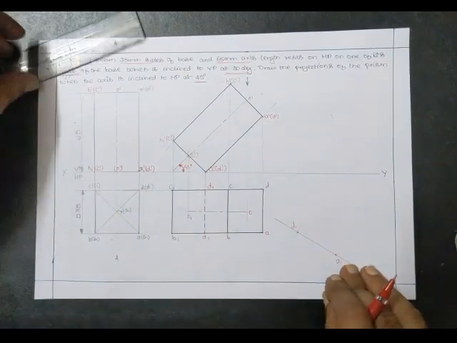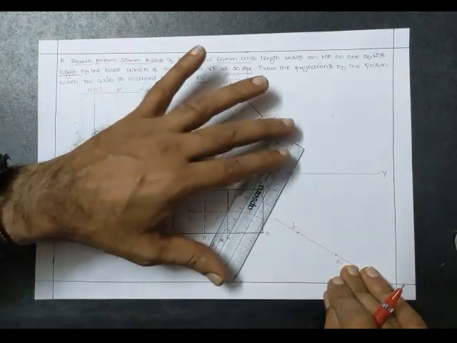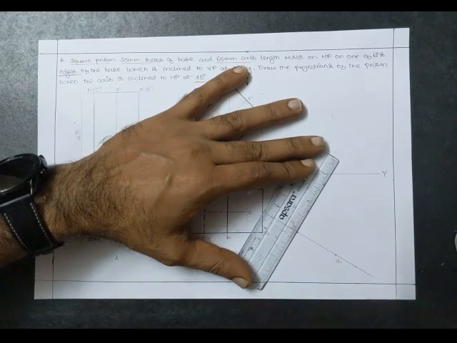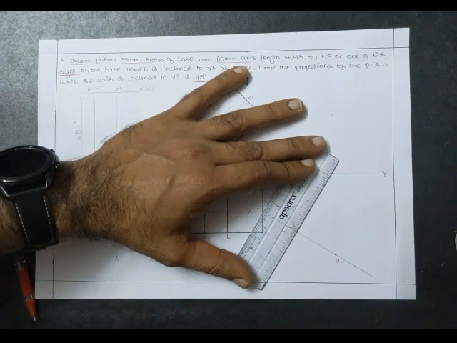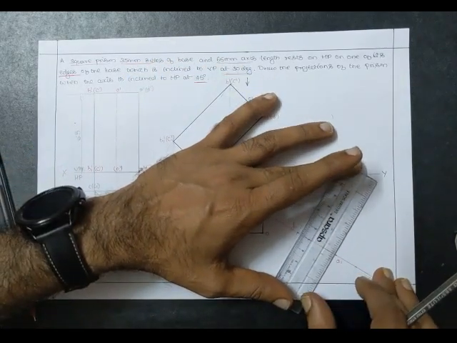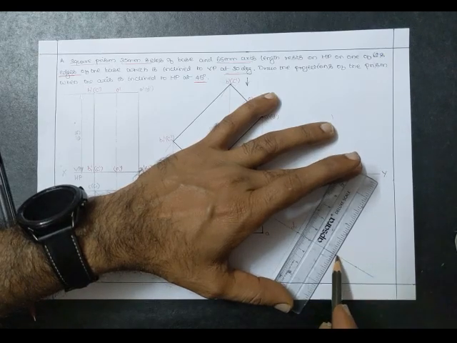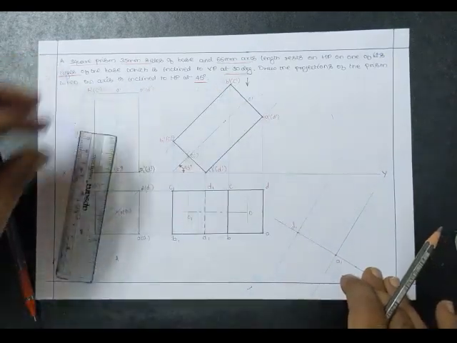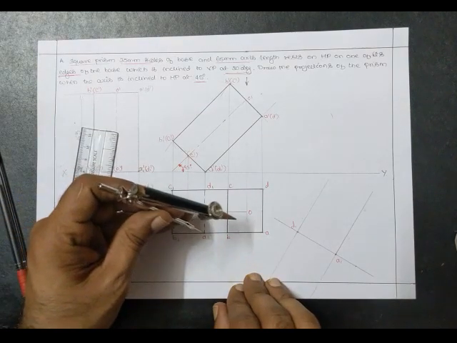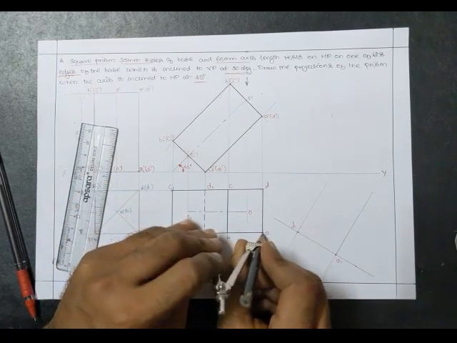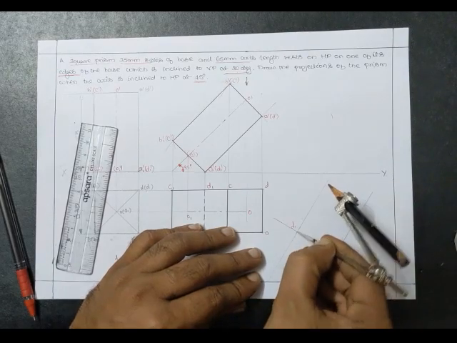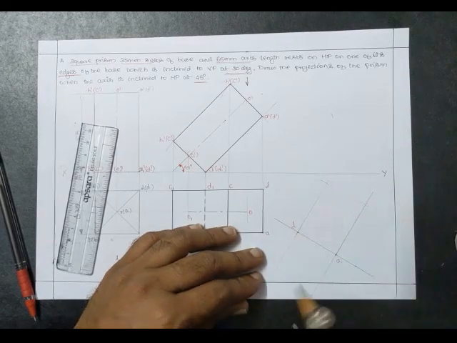Now I'll use the scale and draw a perpendicular line exactly to the 30 degree line. For this 30 degree line I will assume it as horizontal and draw a perpendicular line, so that it will be very easy for the construction of the other parts. Next, transfer the distances. I'm measuring A1 to A, and similarly D1 to D, and bisecting it.